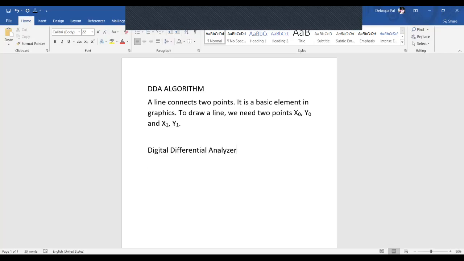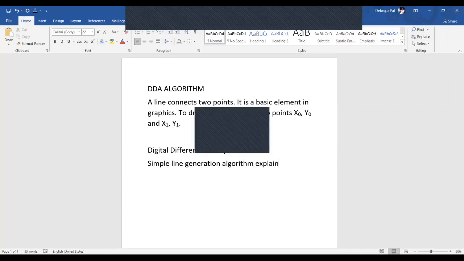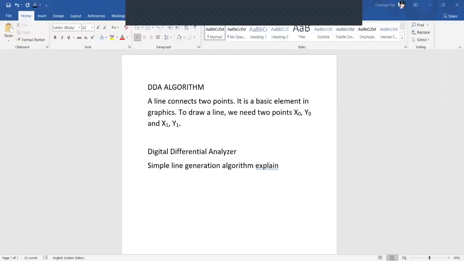It is a simple line generation algorithm, explained step by step.